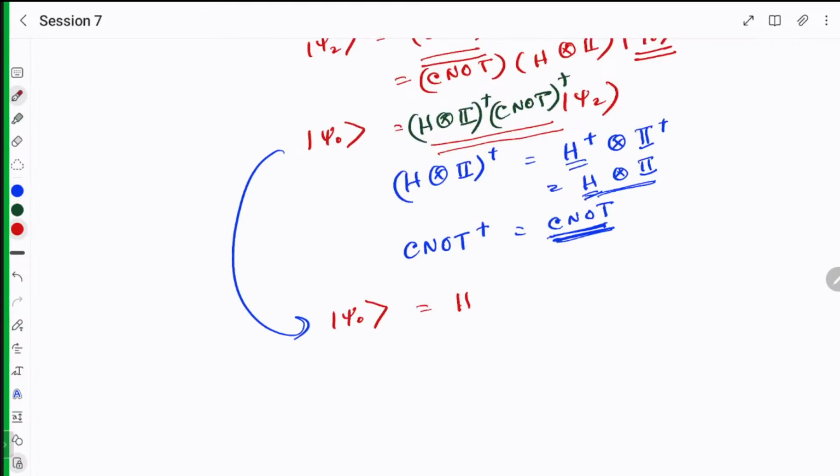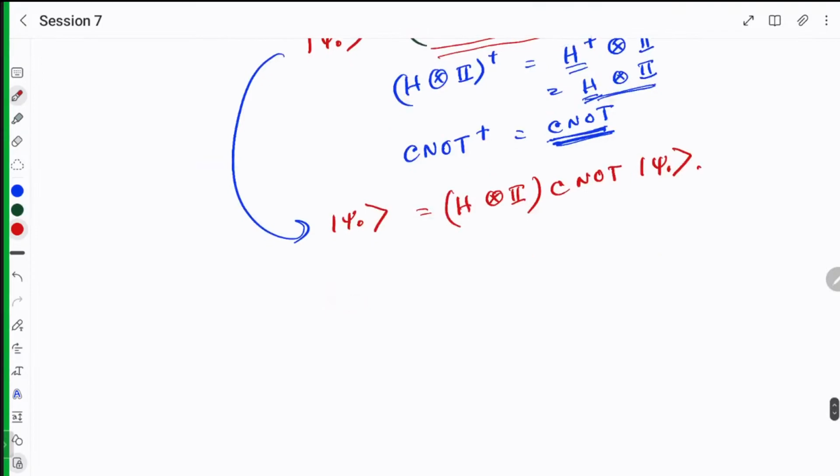Here we will get H tensor identity and C naught acting on psi 2. So if you have some state psi 2 and you want to go back to psi naught, you first apply C naught, and then H tensor identity. That means H on the first qubit, nothing on the second qubit.